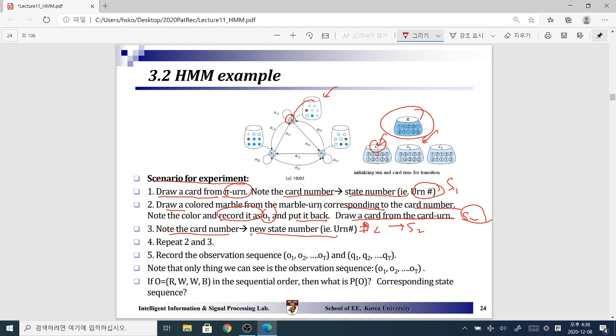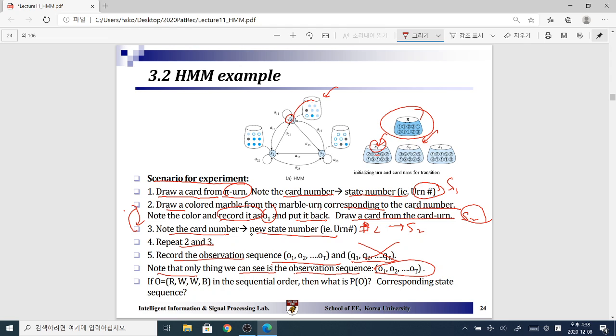We repeat this process and record all the observation sequences as well as the urn number sequence. The only thing to be noted is that what we can see would be the observation sequence, but not the urn sequence.